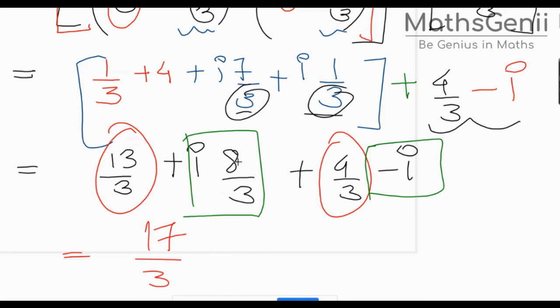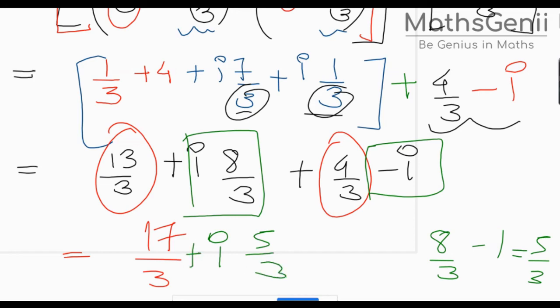So, 8/3, i will come as it is. 8/3 minus 1. 3 ones are 3. 8 minus 3 is 5. 5/3. So here you have plus 5/3 i. Okay.